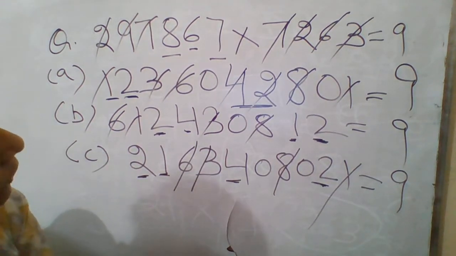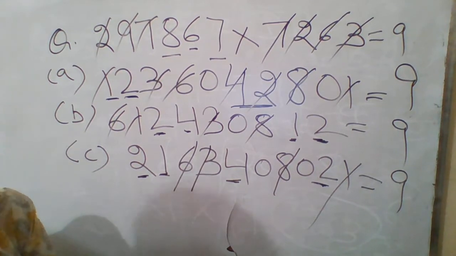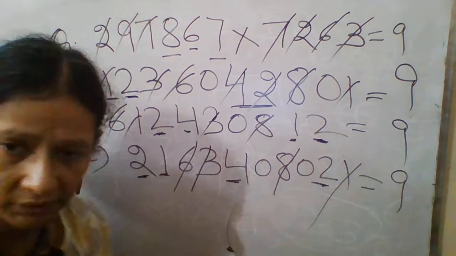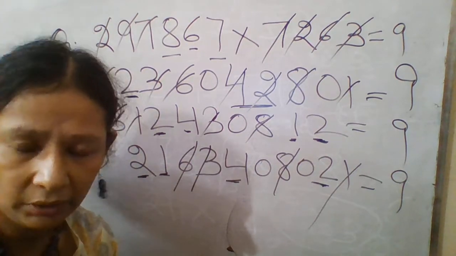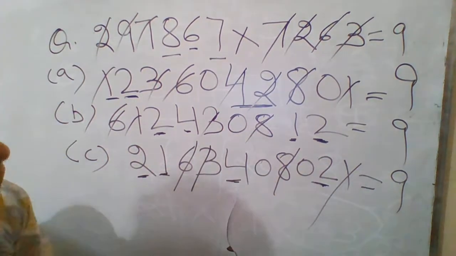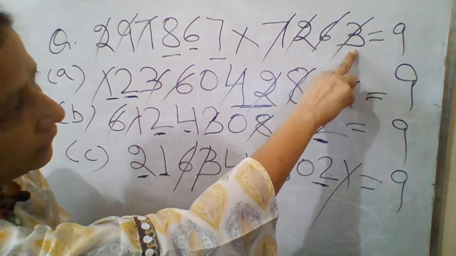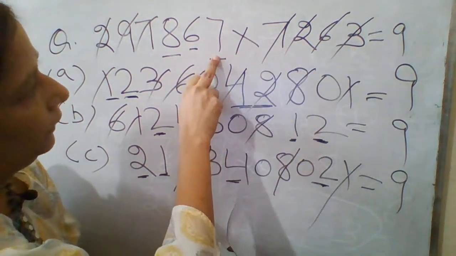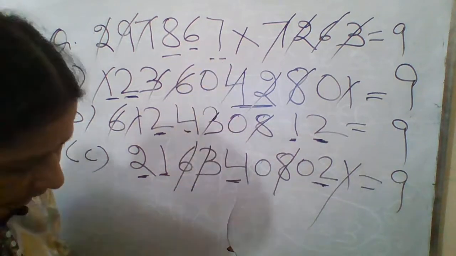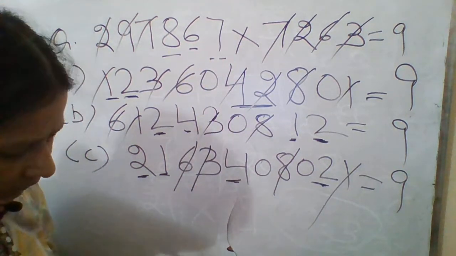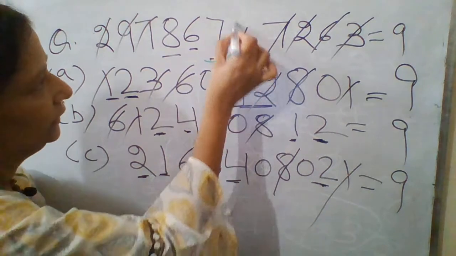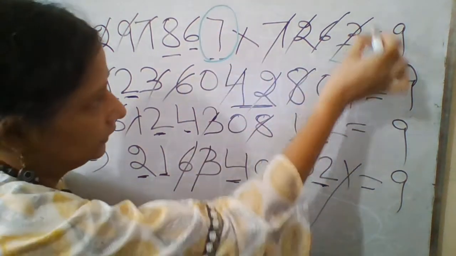I told you when you are getting the digital root 9, then you have to use the unit digit method. Now in this question, see, this is 3, 3 multiplied by 7. If you take the unit digit here, this is 7, this is 3.